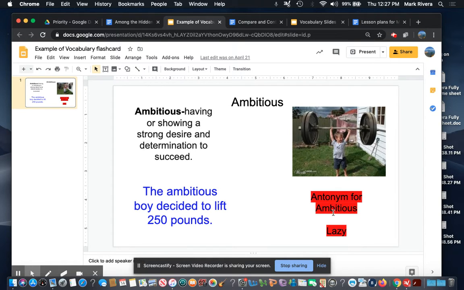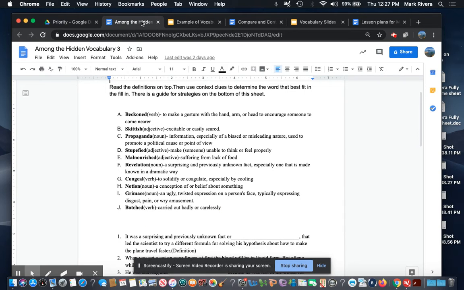So what I mean by that, which is kind of a little bit tricky, is let's look at the words here, okay? So let's go back. Some of these words might not have a word that's the exact opposite of it. If I look at the word skittish, I can probably find a word that means the opposite of not easily scared. But if I look at the word beckoned, which basically means to make a gesture for somebody to come over here, that is a word that doesn't have an opposite.